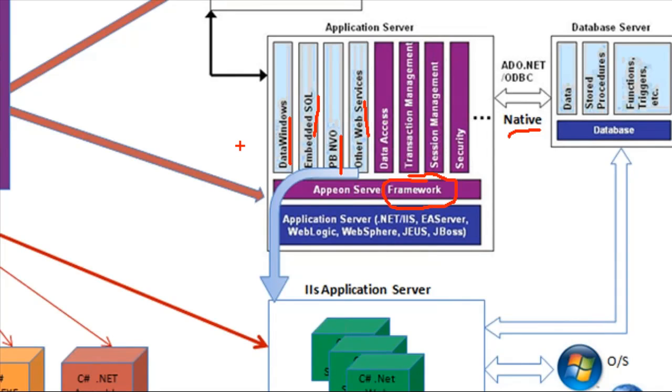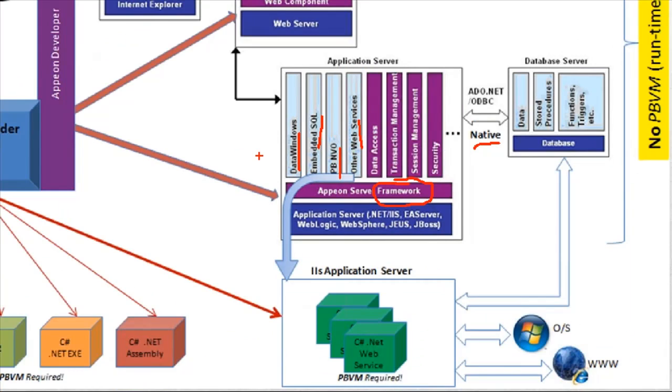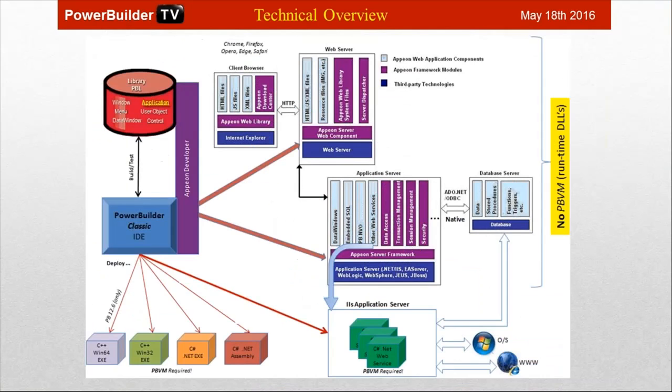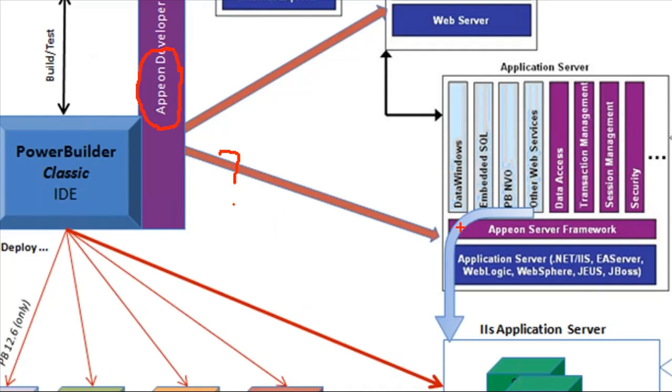So as Appeon Developer goes through here and scans your code, it's checking to see, for example, do you have data windows, do you have non-visual objects, et cetera, and it actually then builds, for example, C# code to handle that and drops it over here. And that's if you're in an IIS environment.